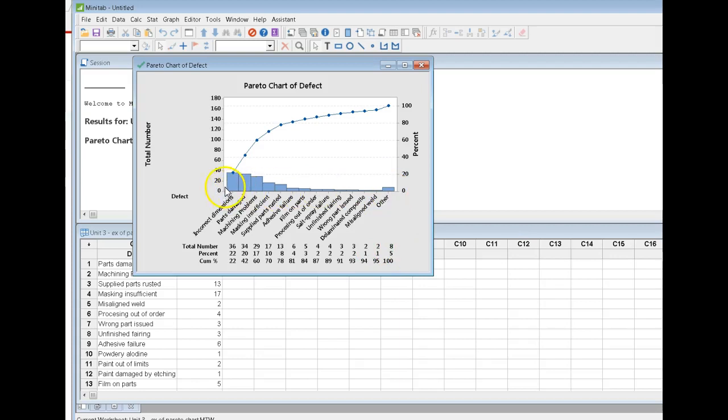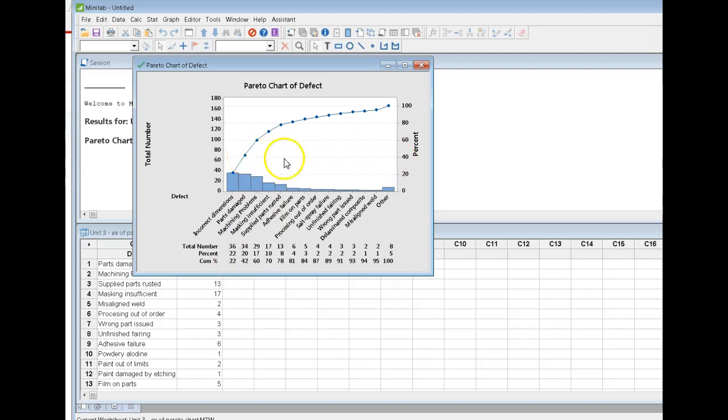Alright, so our y-axis on the left-hand side is keeping track of number of defects, and the y-axis on the right-hand side is keeping track of cumulative percentage. So our first category, incorrect dimensions, accounts for 22%, plus the 20% from the next one accounts for 42%.